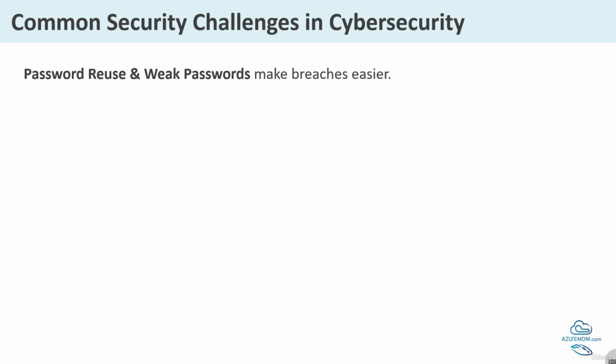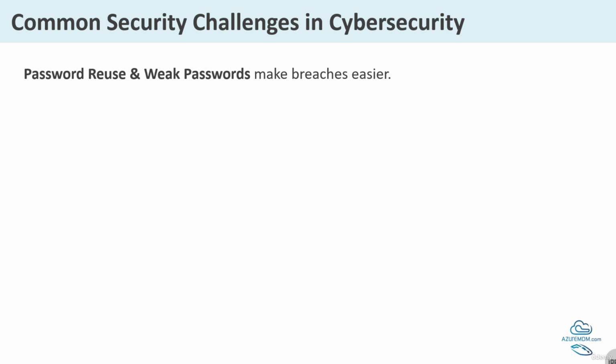Now, password reuse and weak passwords. Here, using the same password everywhere, or an easy-to-guess password like 123456, your name, your phone number, your spouse's birthday, anything, lets hackers break into multiple accounts at once.